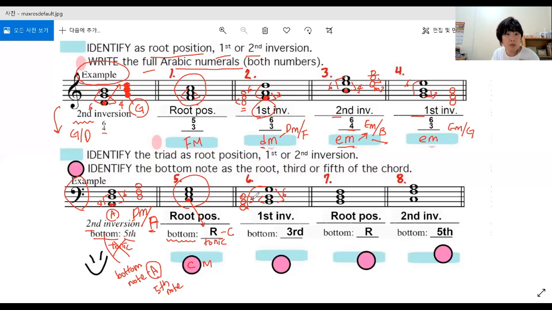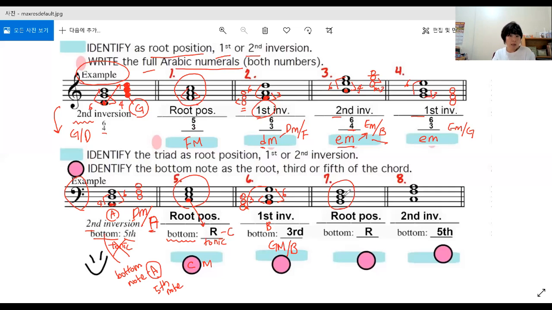Then this is G major, first inversion. What is the bottom one? B. So the bottom is B. B is the third note in the G major scale. Okay?